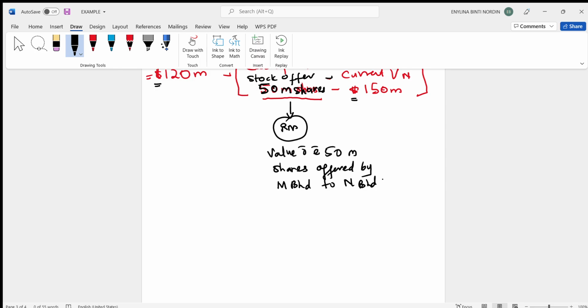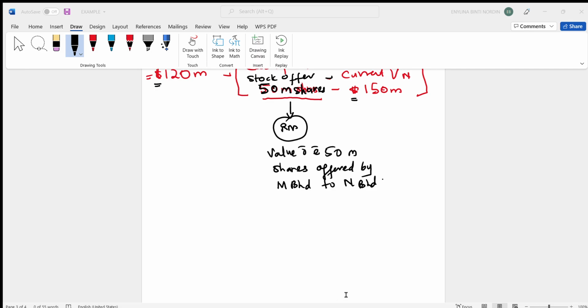How are we going to convert these 50 million shares to RM? We need to go back to the formula. Look at the second column, stock offer, number 5. That means alpha multiplied by the value of the combined firm.